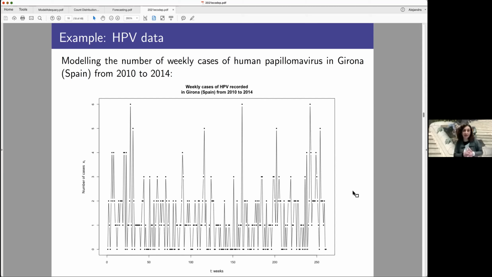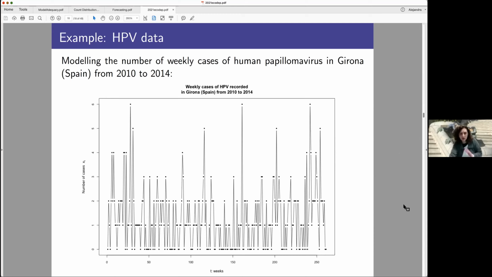This is the number of weekly cases of human papilloma virus infections in a region here in Catalonia. The data are from 2010 to 2014. The data are publicly available from a government page, which I forgot to mention, but I guess I have it written down somewhere if you're interested.